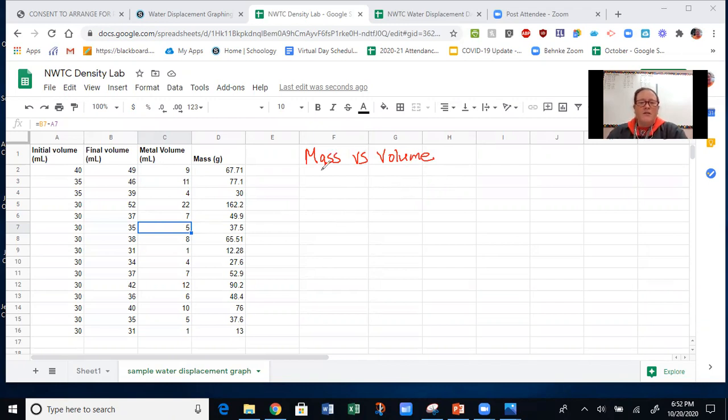When you have something versus something, it's always the y-axis versus the x-axis. So we're going to create a graph in which mass is on the y-axis and volume is on the x-axis. Y versus x, mass versus volume.